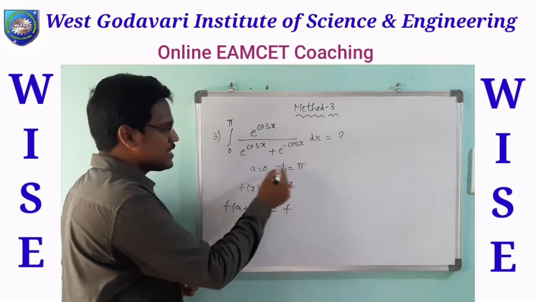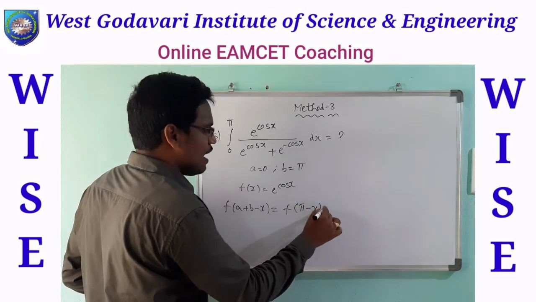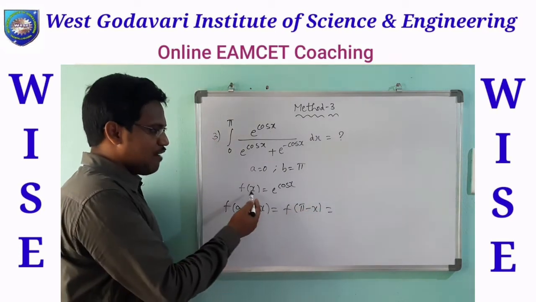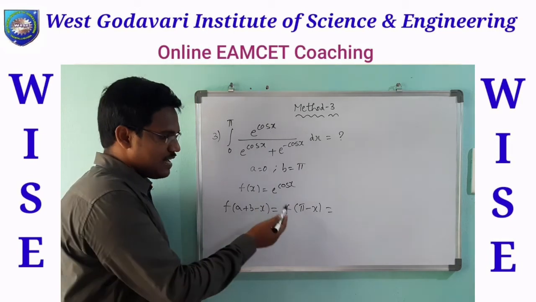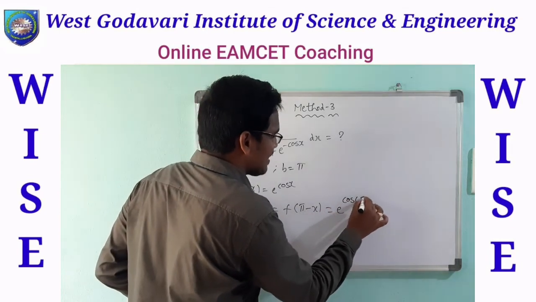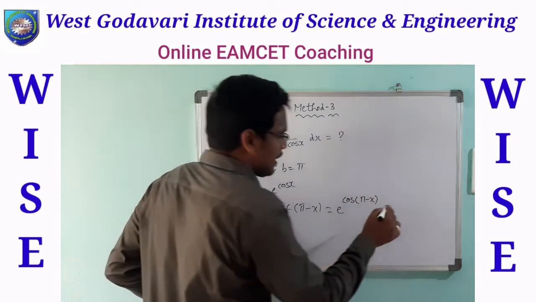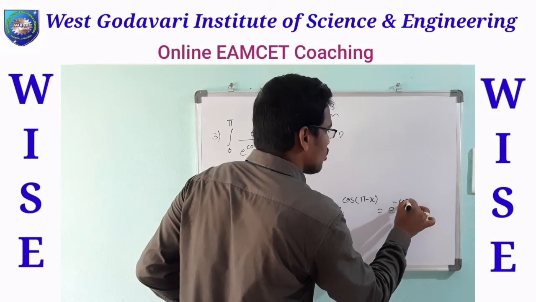So f of a plus b, so 0 plus pi, that is pi minus x. So f of pi minus x, we know that f of x is e power cos x. F of pi minus x is e power cos of pi minus x. So e power cos of pi minus x becomes e power minus cos x.